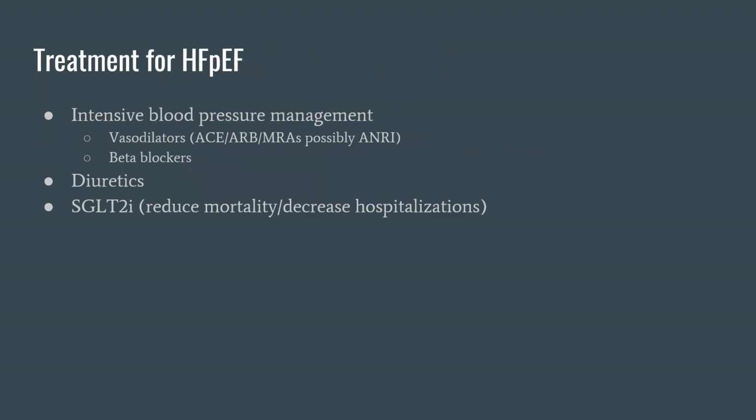Intensive blood pressure management for these patients. Vasodilators, which is kind of guideline-directed medical therapy on its own. ACE, ARB, MRAs, and possibly Entresto. Beta blockers can also be first line for these patients if they have an indication like coronary artery disease. Diuretics to diurese them, of course, and SGLT2 inhibitors.